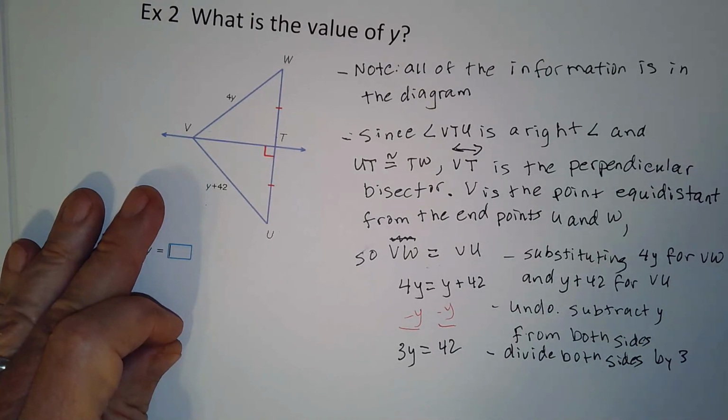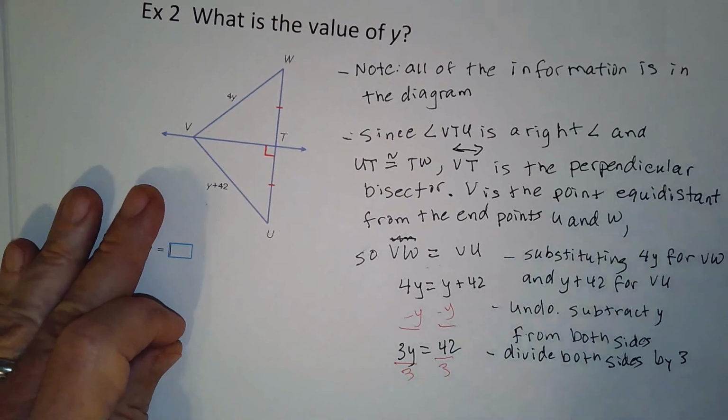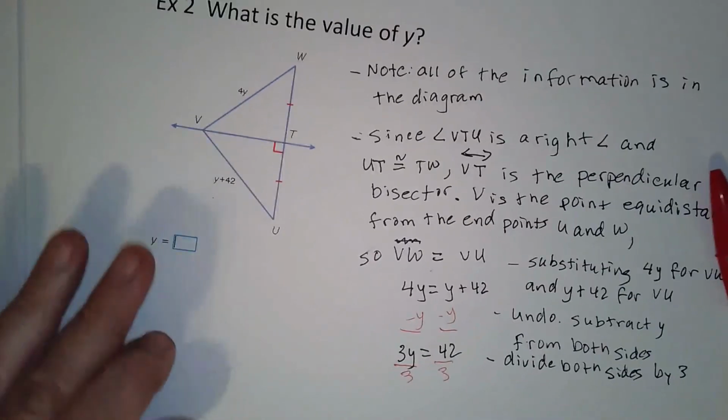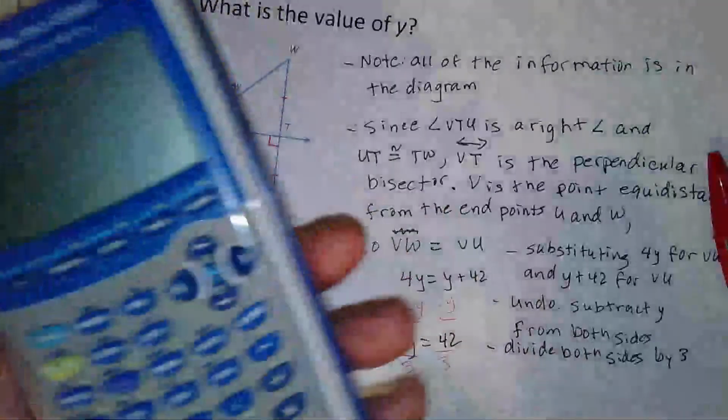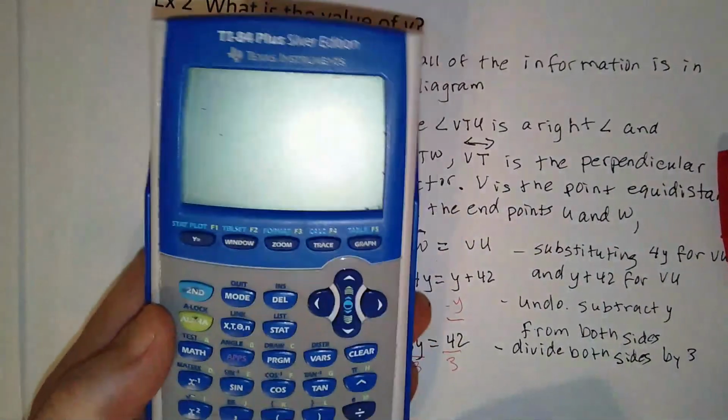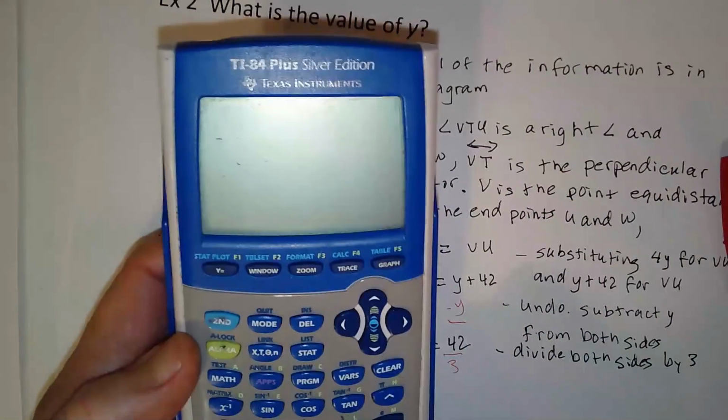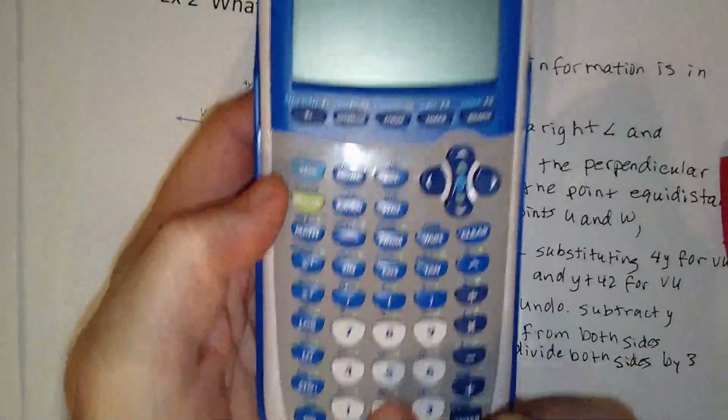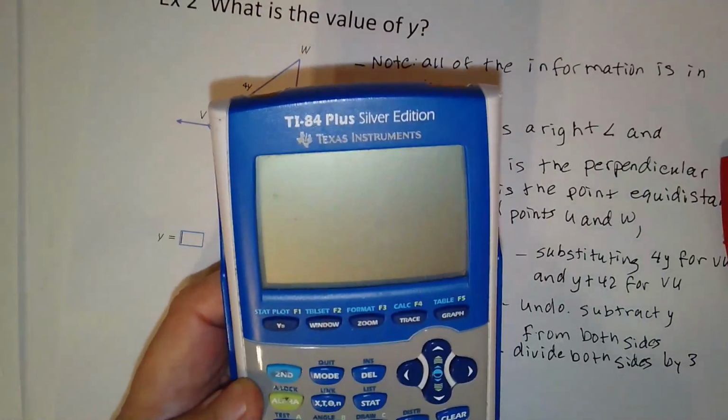And of course, when I do that, maybe I'm a little shy and I need to sit down with my trusty calculator to be sure. Let's take 42. I'm going to punch in 42 here. Oops, first I've got to turn it on.